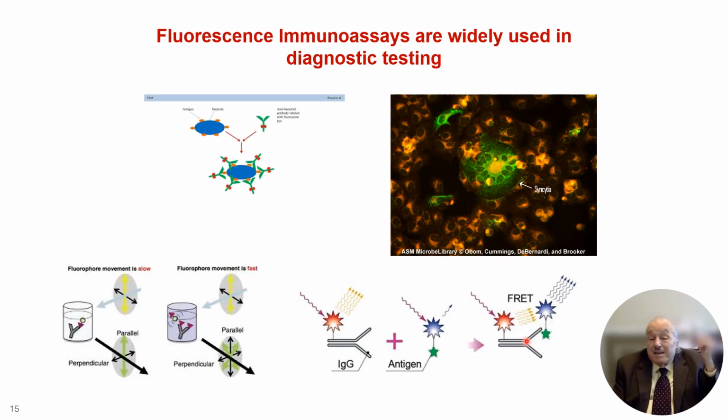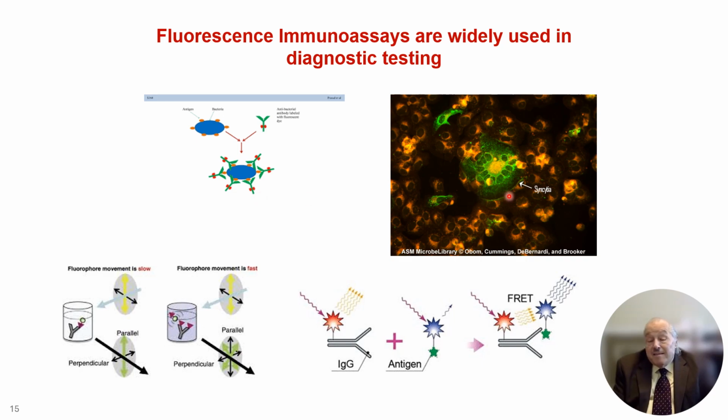A couple more examples. I forgot these. Fluorescence immunoassays. If you have a tissue sample and you wish to identify a particular type of cell, you can add to it labeled antibodies. So the antibodies contain fluorophores. These fluorophores don't exist anywhere else in the tissue.